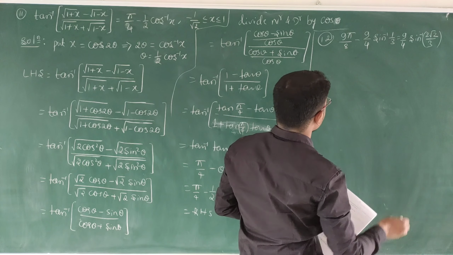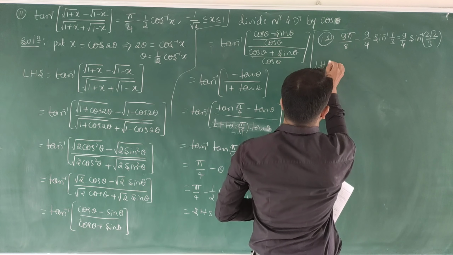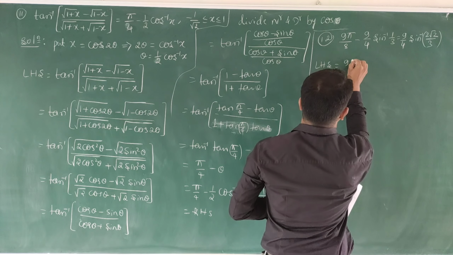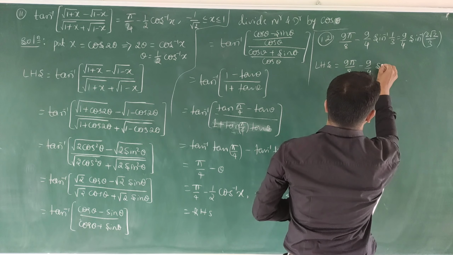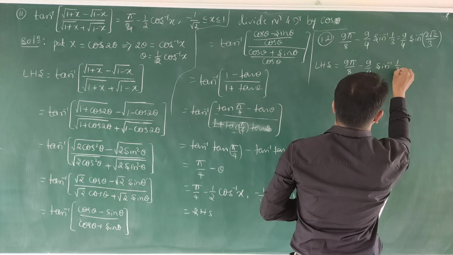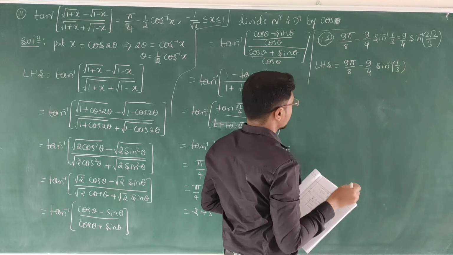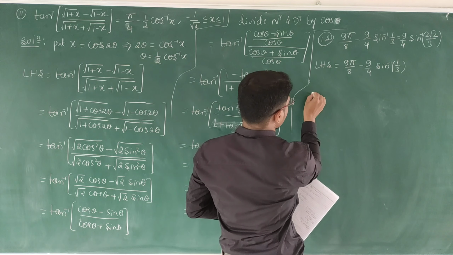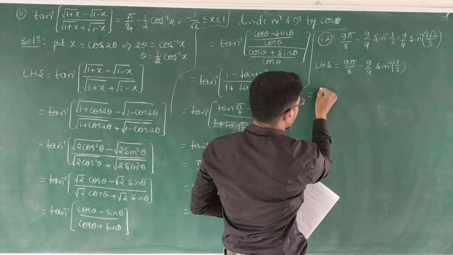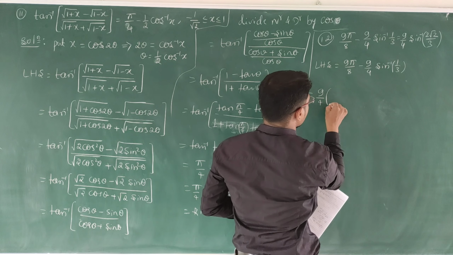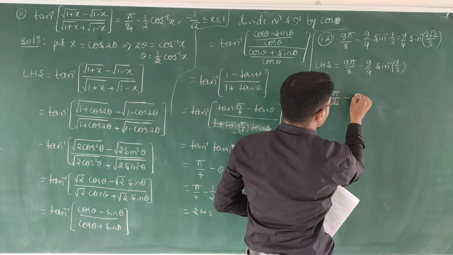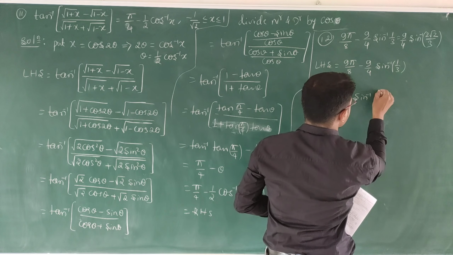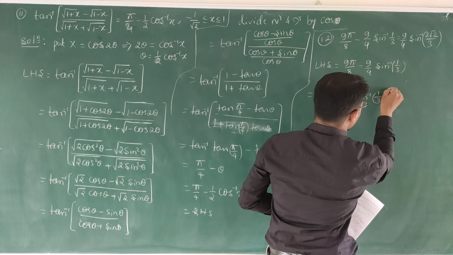Consider LHS. LHS is 9 pi by 8 minus 9 by 4 sin inverse of 1 by 3. Take 9 by 4 common, remaining is pi by 2 minus sin inverse of 1 upon 3.